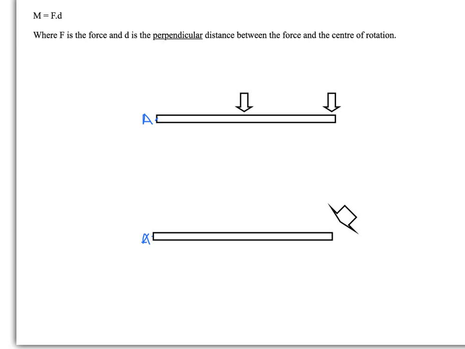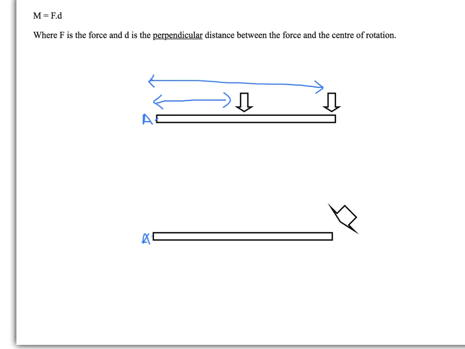This one at the top is nice and easy because the forces are acting downwards, so the perpendicular distance from the pivot, or the centre of rotation, is just going to be these distances here and this distance here. It's always from the pivot at 90 degrees to the force. That's nice and simple. But if we look at this bottom case, we've got a force applied at an angle.